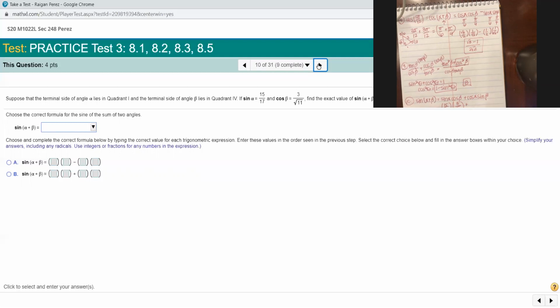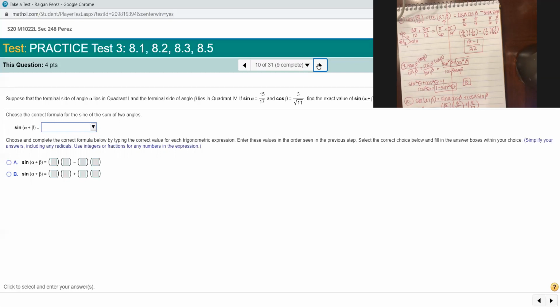So alpha, again, is in quadrant 1. Okay, and sine is 15 over 17. So 17 squared minus 15 squared is 64. So that means that this is 8. So cosine of alpha is 8 over 17. And then beta is in quadrant 4, so it's down here.